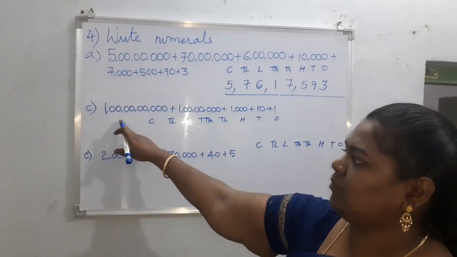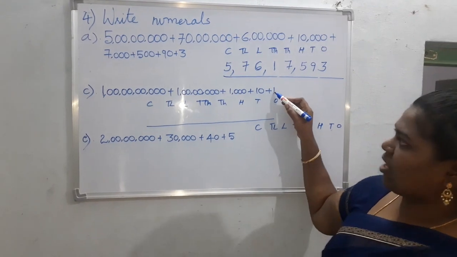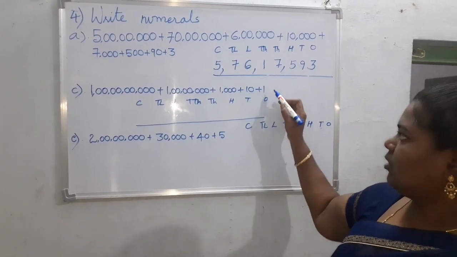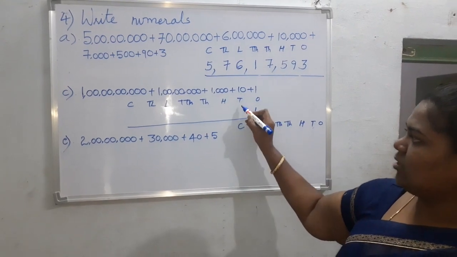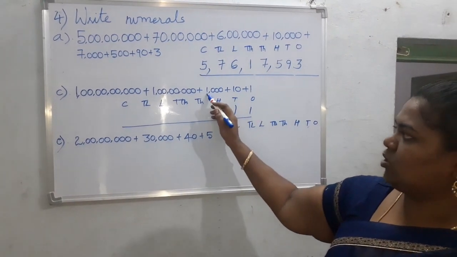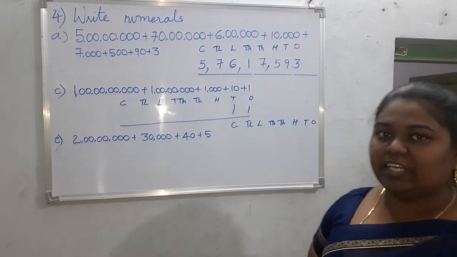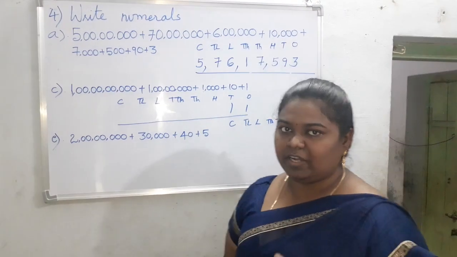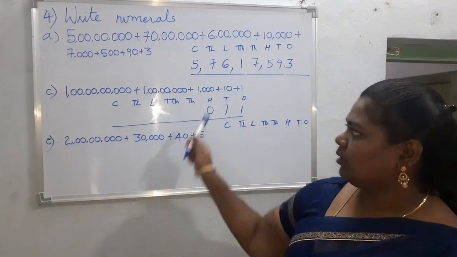In the same manner, we have here the second one. We'll start from last. So 1, that is single digit in ones place. 10. So tens place also 1. 1000. So there is no 100. Between 10 and 1000, there should be another digit with 100. But here it is missing. So put in hundreds place 0.